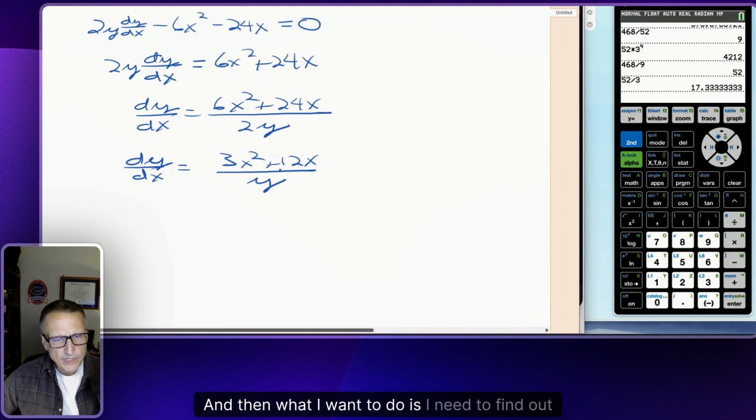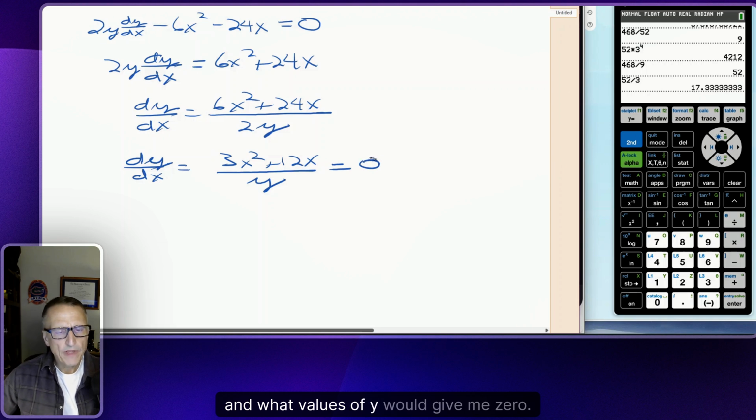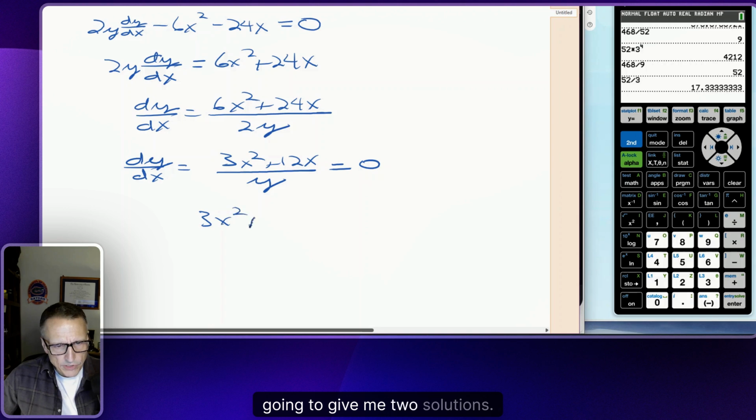And then what I want to do is find out what values of x and what values of y would make the derivative dy dx equal to 0. Well, I will set that numerator equal to 0, and it's going to give me two solutions.